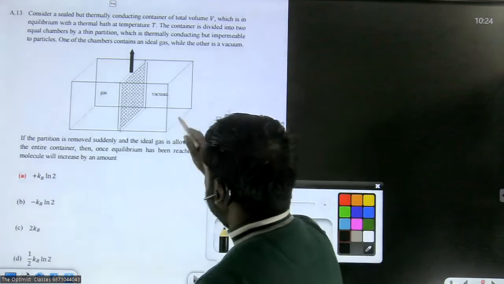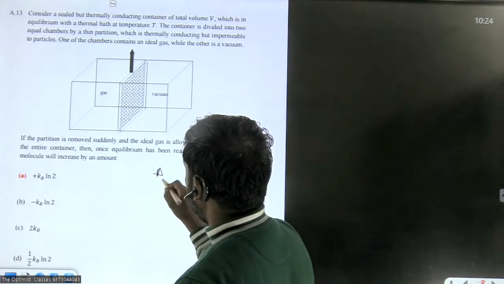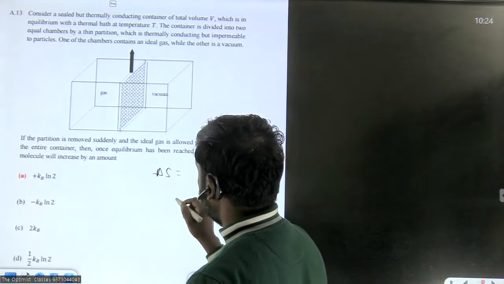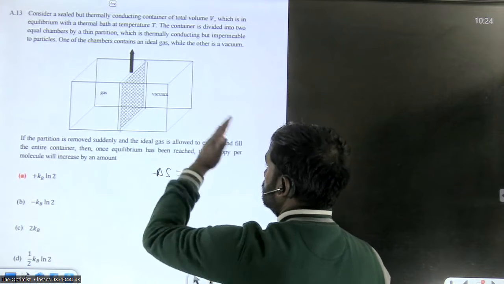Here, in this question, you can read the question later on. We have to calculate the change in entropy as the gas goes from this side to this side.